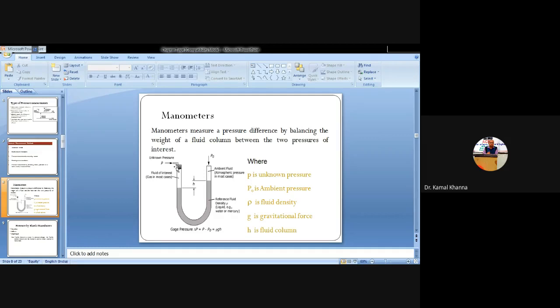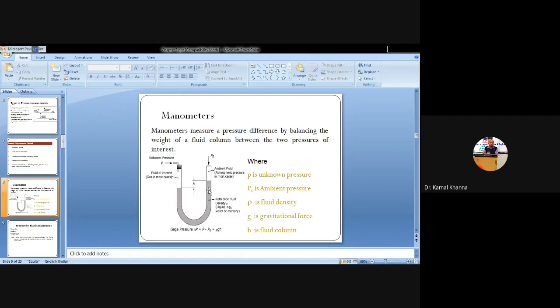You can see the cursor of the mouse. This end is attached to the tube or pipe where the pressure of the fluid is to be measured. Then that fluid enters into it, and as it rises, the difference between the rise of the column is measured. This is considered the left limb, the left column, and this is the right column of the U-shaped manometer. It is basically of the shape of the English alphabet U. That is why it is called a U-tube manometer.